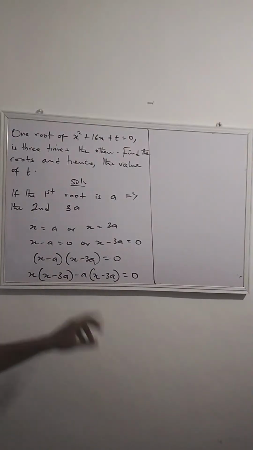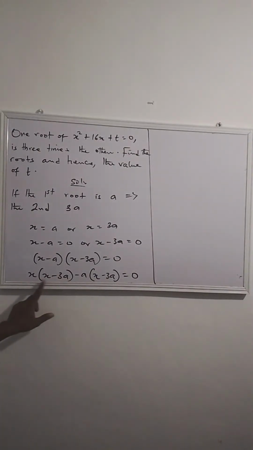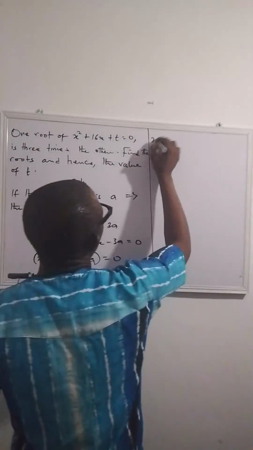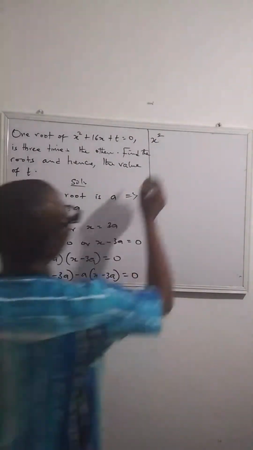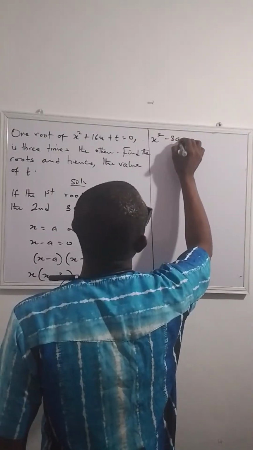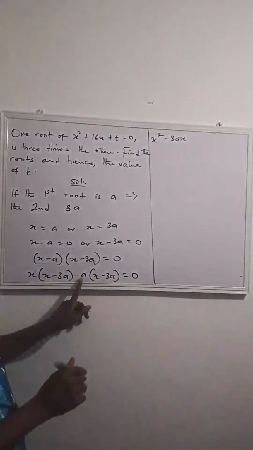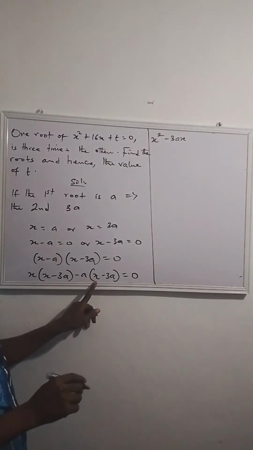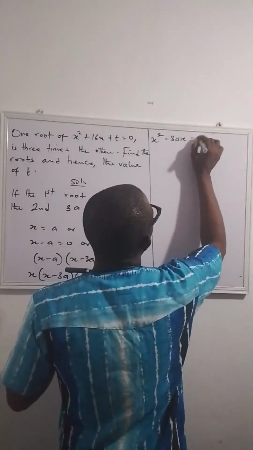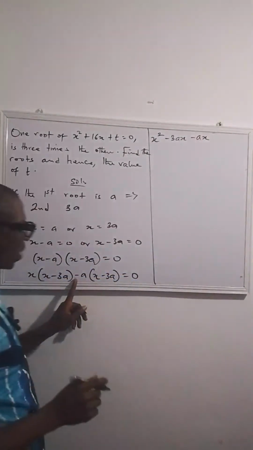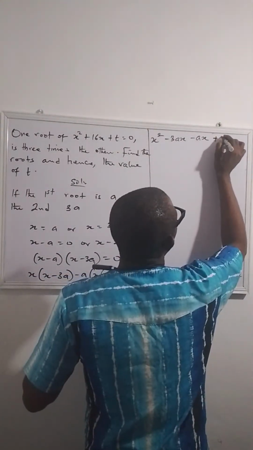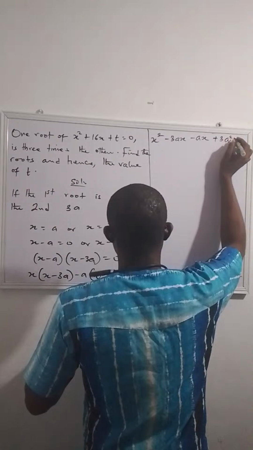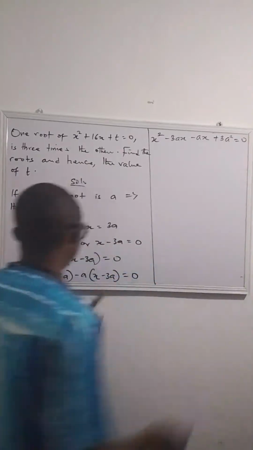So now you can open the brackets. We have x times x, we have x squared. Now x times minus 3a, you have minus 3ax. All right, you now have minus a times x, that gives you minus ax. So minus a times minus 3a, that's plus 3a squared. Everything equals to 0.